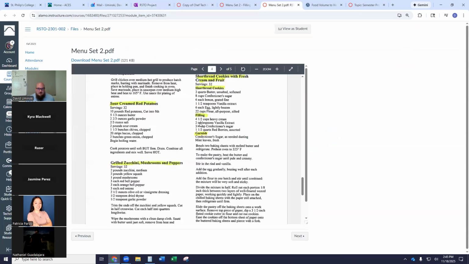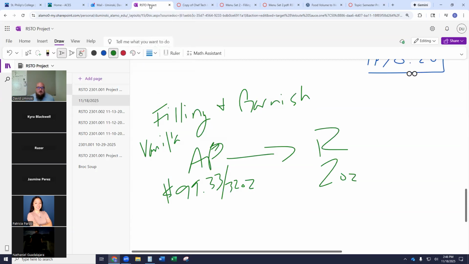Yes, it says 2 tablespoons vanilla extract on the menu, but for the notes, it's asking for the pure vanilla. Vanilla extract can either come as pure vanilla or as imitation, and we want to use the pure one. So that's what we're using, the pure vanilla. Okay. So we're looking for 2 tablespoons, right? Yes, 2 tablespoons.